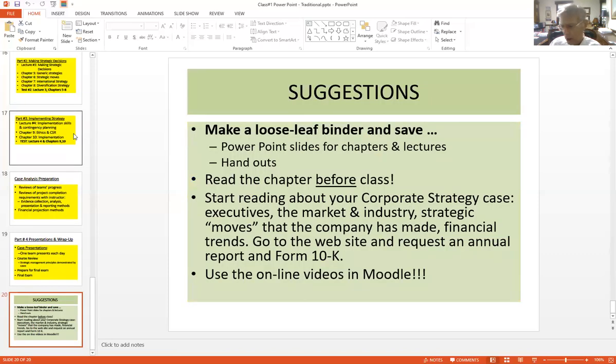Okay, so the last item is simply a suggestion. You print off the PowerPoints for the chapters and the lectures. If you do, you'll be able to prepare for the quizzes and, more importantly, for the exams, because you'll have this loose leaf book.